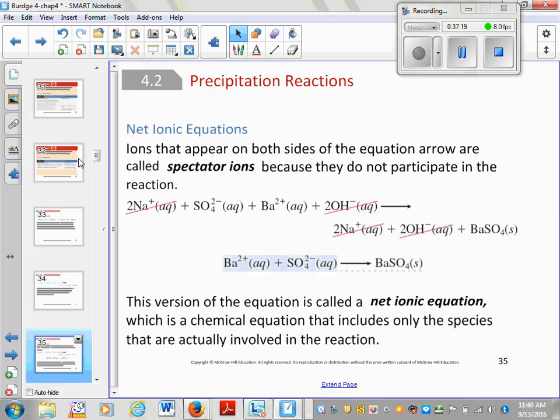At the top of this equation, we have sodium sulfate plus barium hydroxide to give us barium sulfate. So everything that can break apart into ions, you break apart. Then you cancel what appears on each side, and then you write whatever's left over.